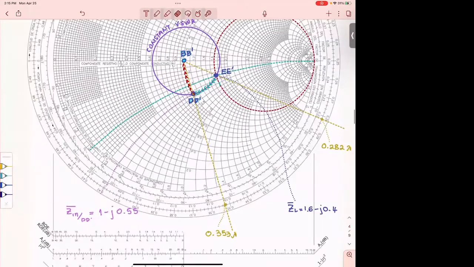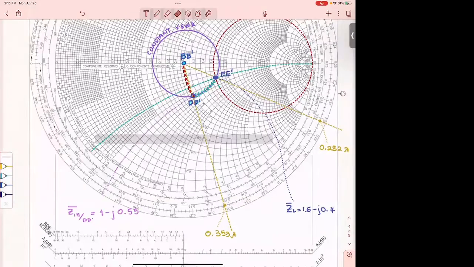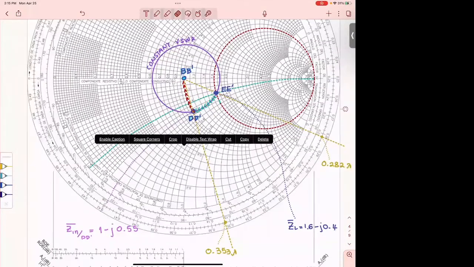D. If I go here and read it, it is 1, because it is on the one resistive circle, minus J. Whatever I read down here, I extend the line for the reactive part and I see minus 0.55 down here. We measure it from the innermost rim, and that is 0.55 negative, because it is in the lower half. So that's my impedance at DD prime.